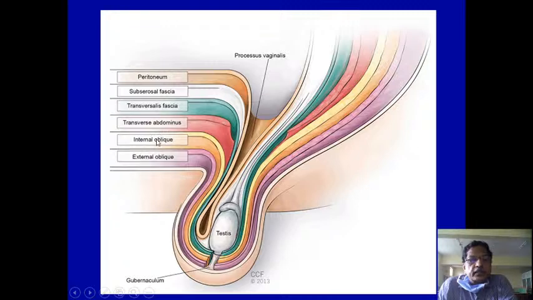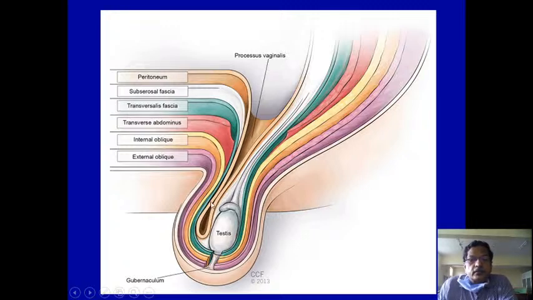Then external to that, superficial to internal oblique, there is external oblique, and external oblique aponeurosis also gives a layer of tissue around the scrotum. That we call external spermatic fascia, and the remaining is subcutaneous tissue, fascia, and the skin of the scrotum.